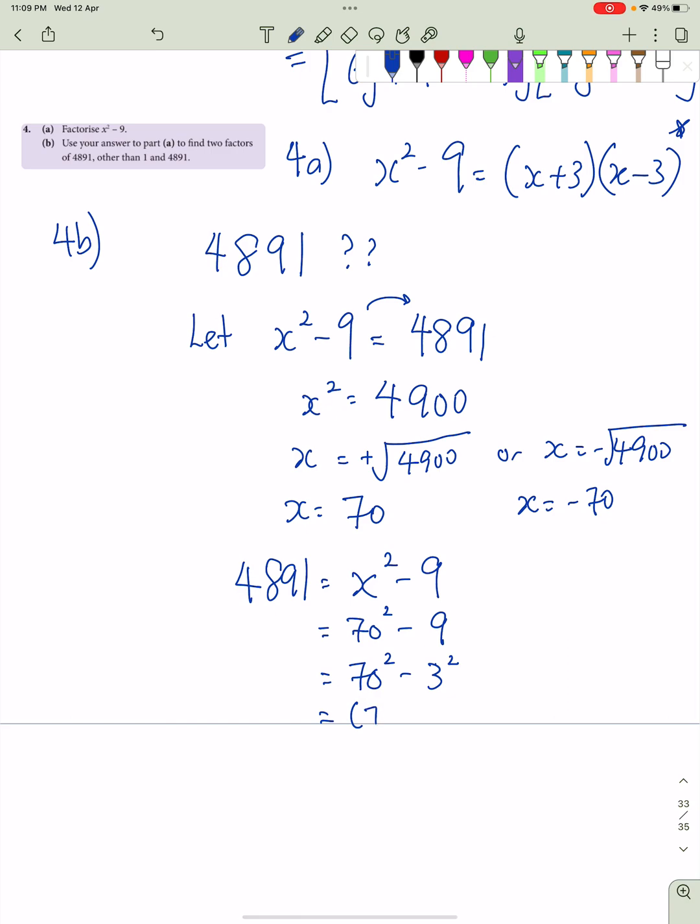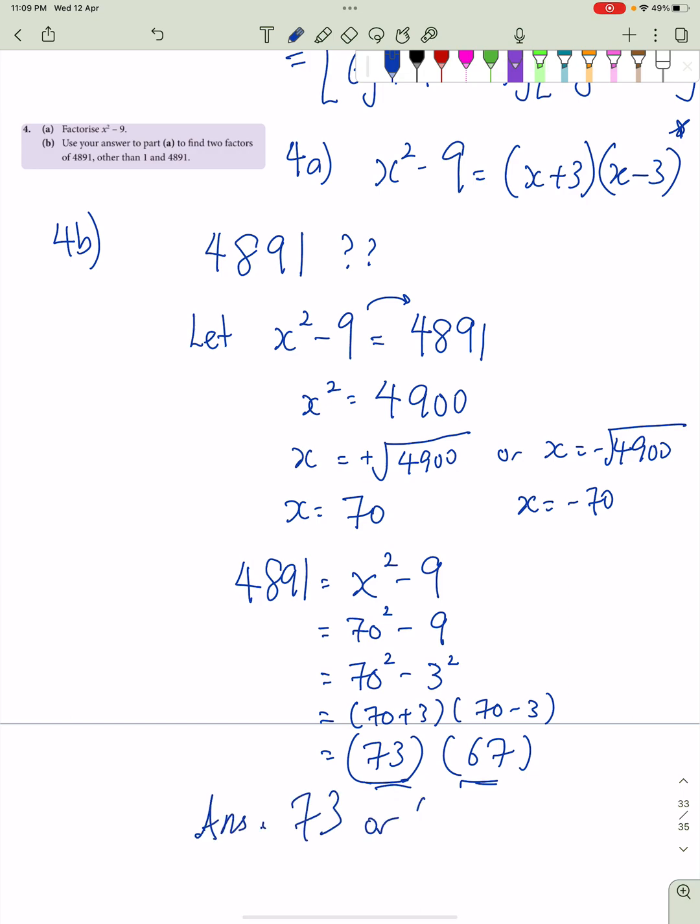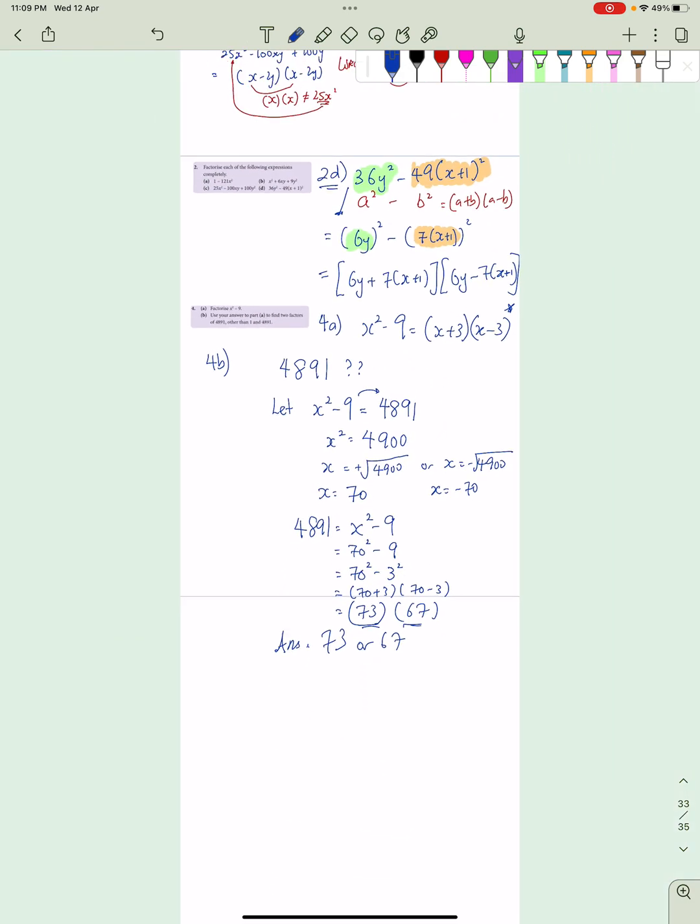And I know then this becomes the first term plus the second term, the first term minus the second term. Simplify it, I know it's 73 and 67. So two possible factors will be actually these two factors. Alright, so the answer will be just 73 or 67. Okay.